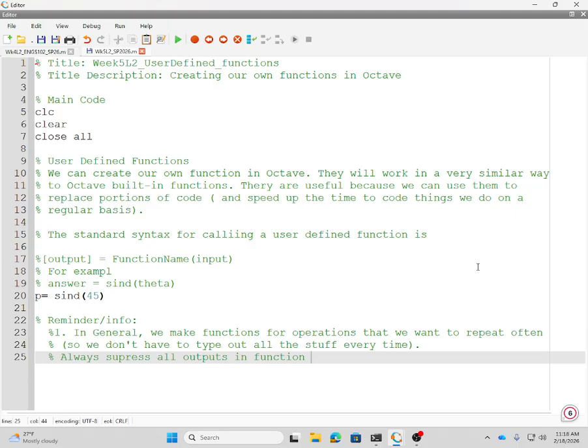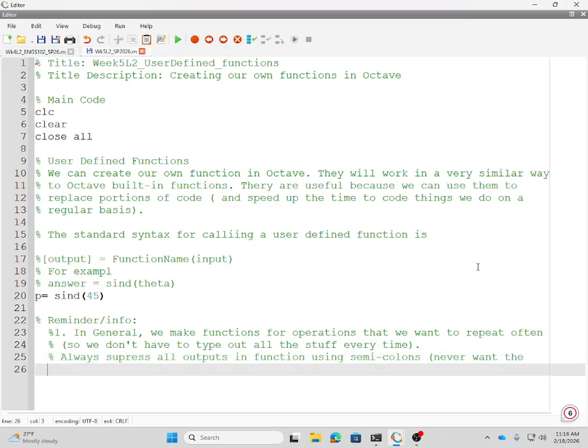Okay, always suppress all the output in a function using the semicolons. You never want the hidden side of the function to display to the command window.